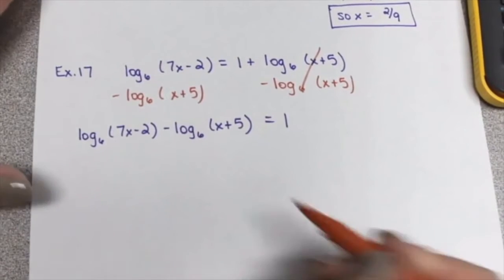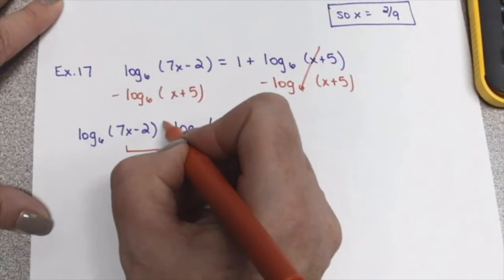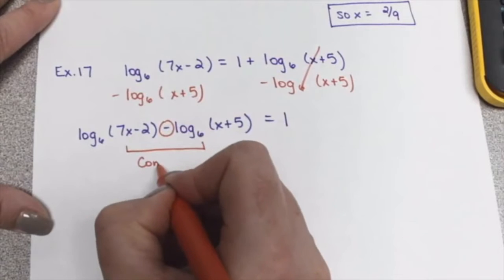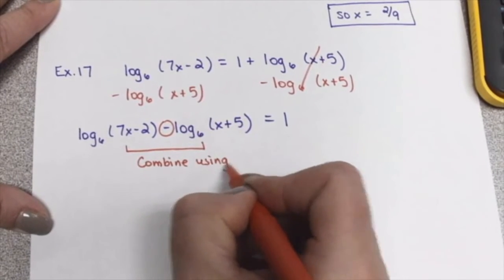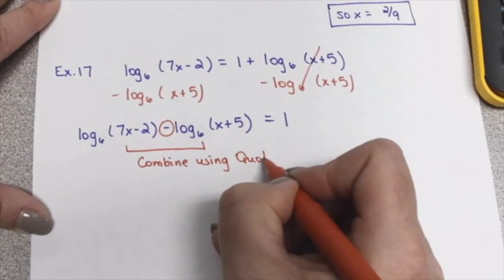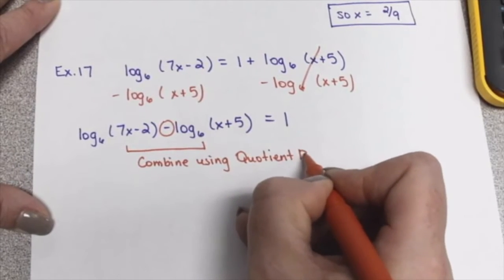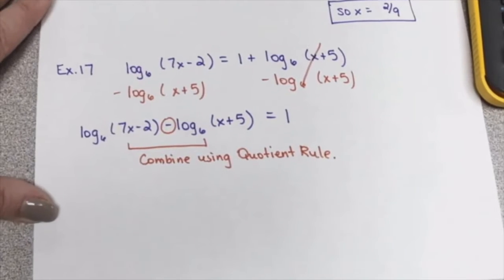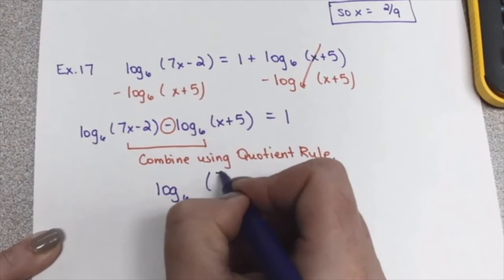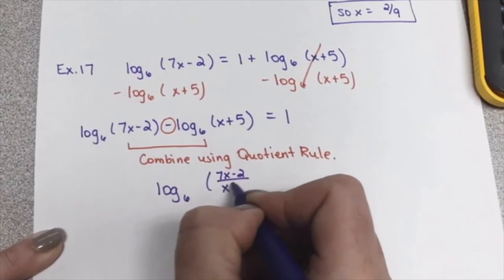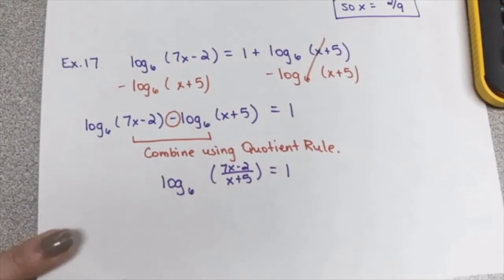And the reason I want that is because I want to be able to combine these, right? Which rule do I use again? What rule would I use if I'm subtracting? Quotient rule, right? Notice this one looks just a bit different, so we're going to get the log base 6 of (7x minus 2) over (x plus 5) equals 1.